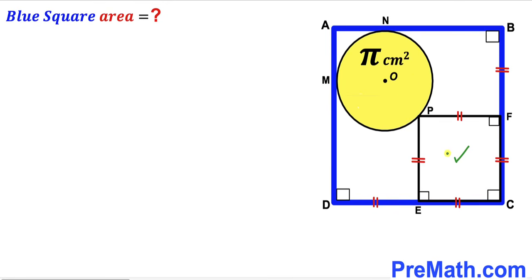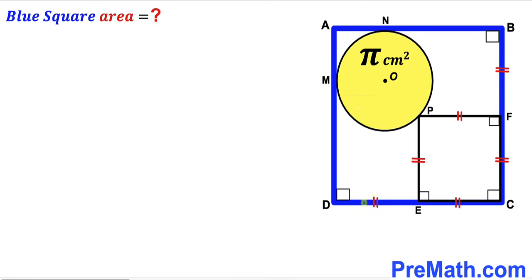In this video, we have this yellow shaded circle with the center O and this white square PECF fully inscribed in a big blue square ABCD, as you can see in this given diagram, such that the area of this yellow circle has been given to us as pi centimeter square.